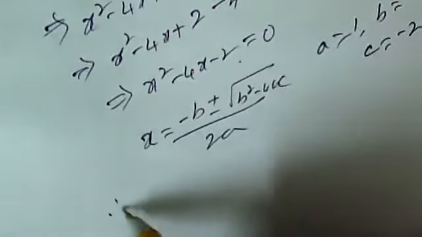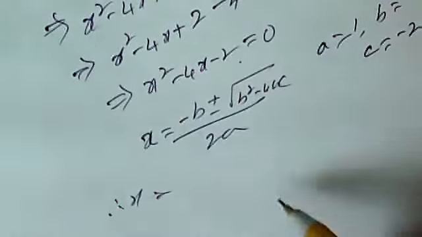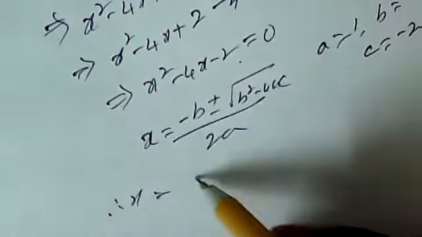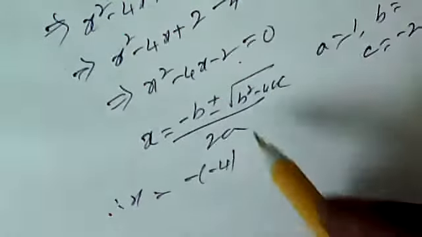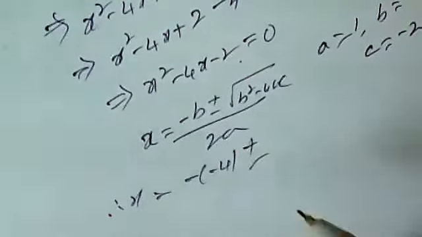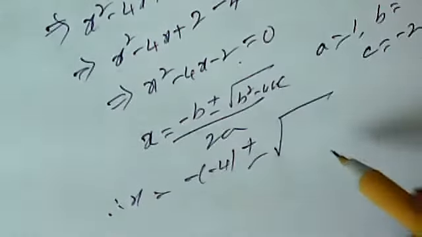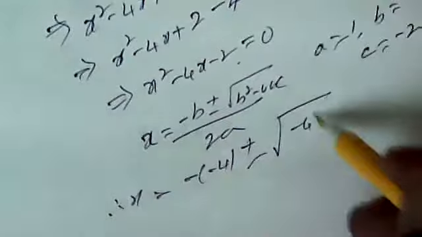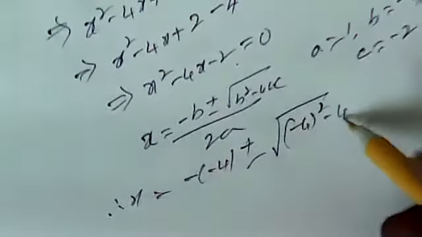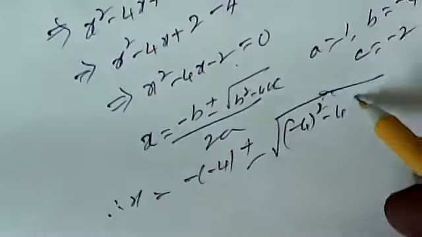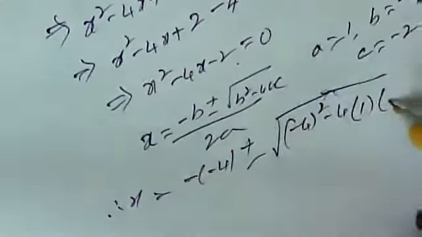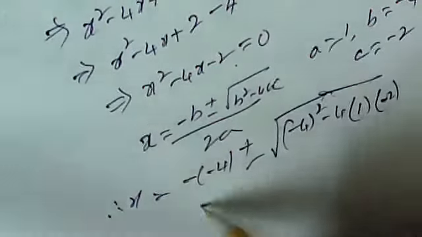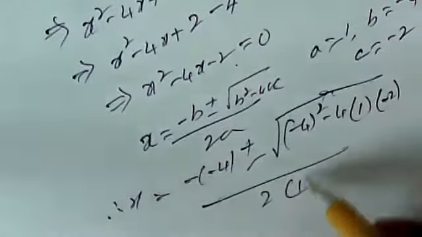So x equals minus b, minus of minus 4, plus or minus root of minus 4 whole square minus 4 into 1 into minus 2, by 2 into 1.